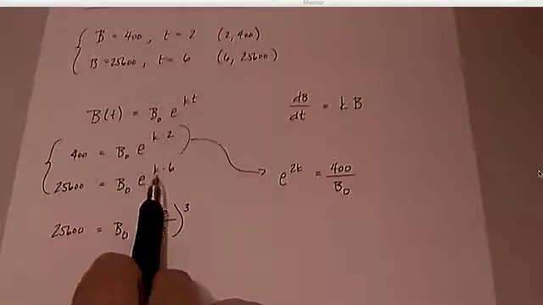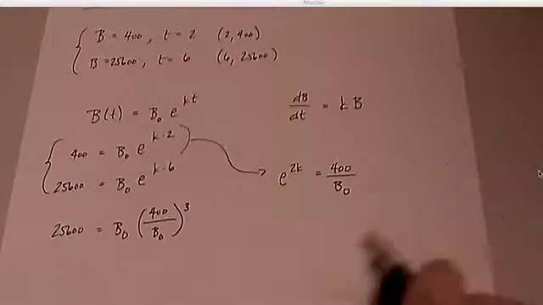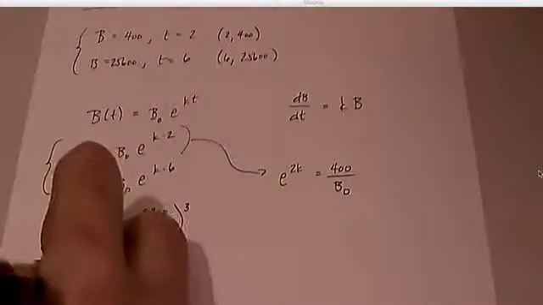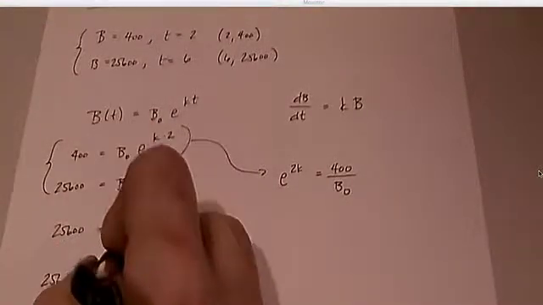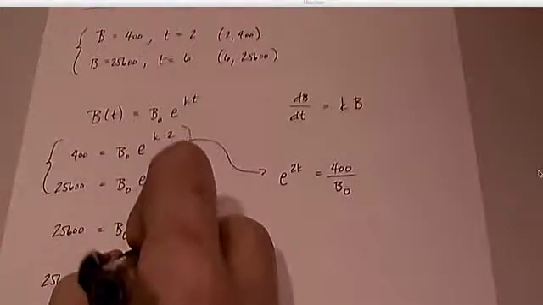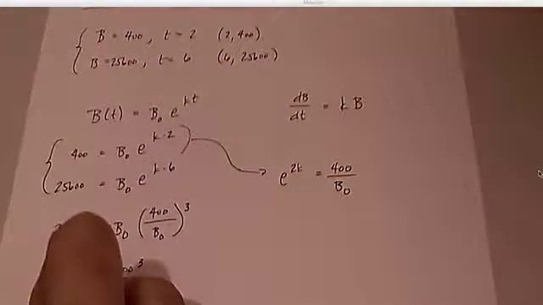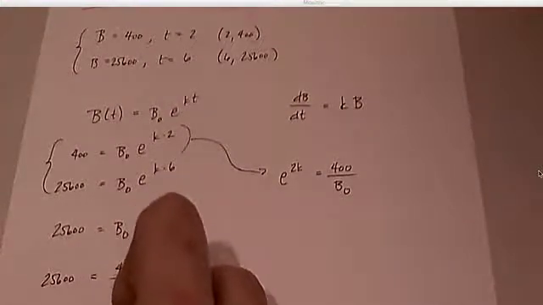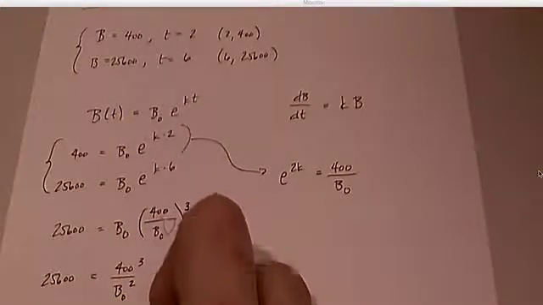Because e to the 6k is e to the 2k cubed. This, of course, winds up being 25,600 is equal to 400 cubed over b naught squared, or b naught squared is equal to 400 cubed over 25,600.